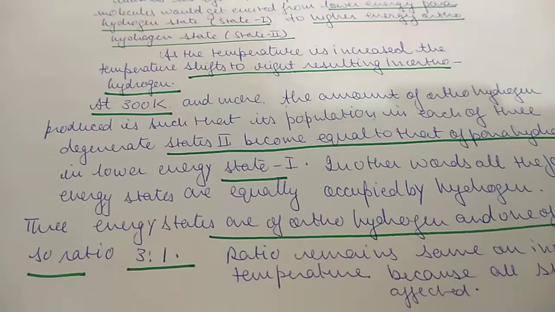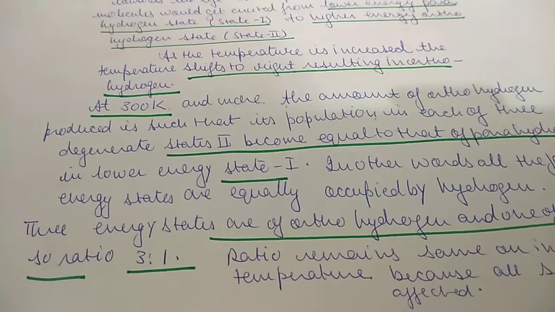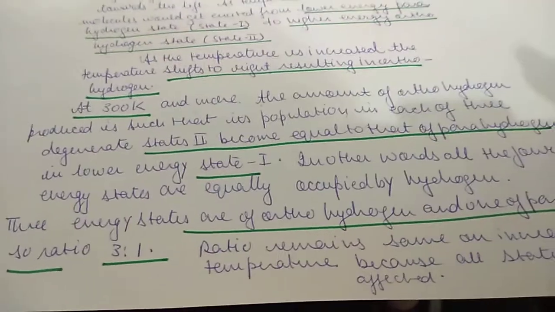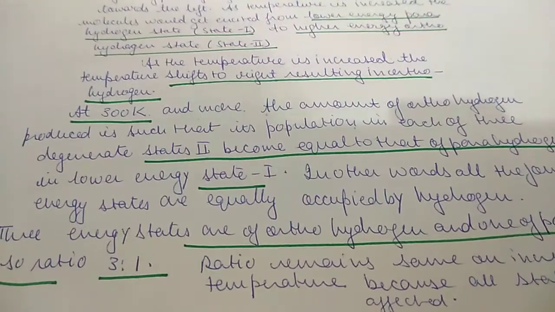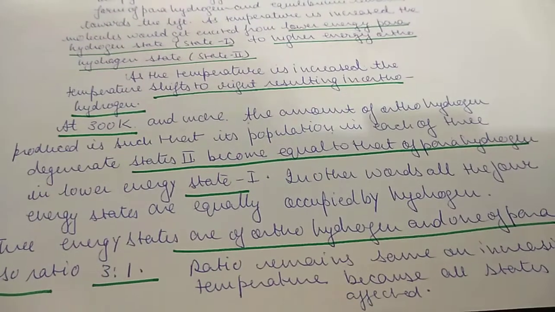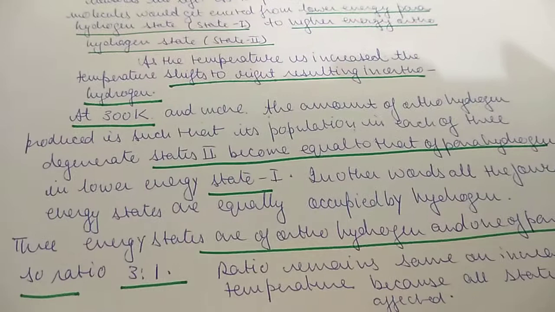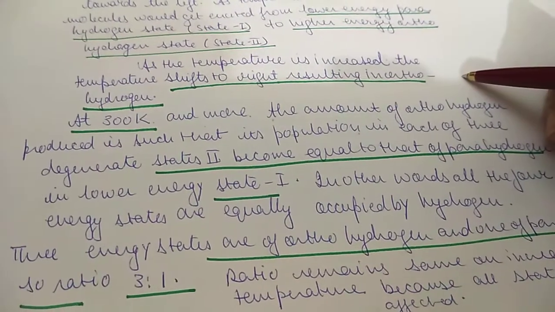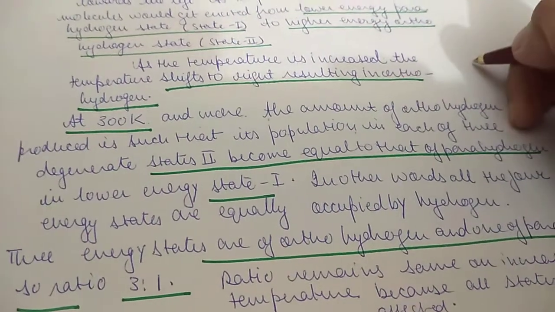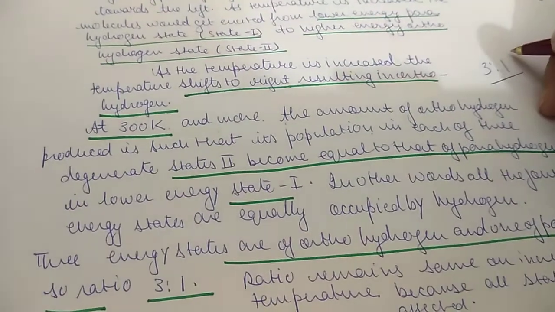So all the 4 states are equally affected. The effect of increasing the temperature is the same on all four states. So that is why, when we increase the temperature further, the ratio of 3:1 does not change. The ratio remains the same. So that is why at high temperature the ratio is always 3:1. You have to remember ortho to para.